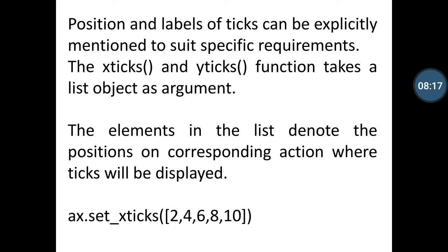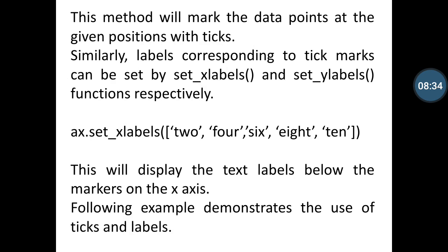As defined here, ax.set_xticks is equal to 2, 4, 6, 8, 10 as the x-axis ticks. This method will mark the data points at the given positions with ticks, such as 2, 4, 6, 8, 10.